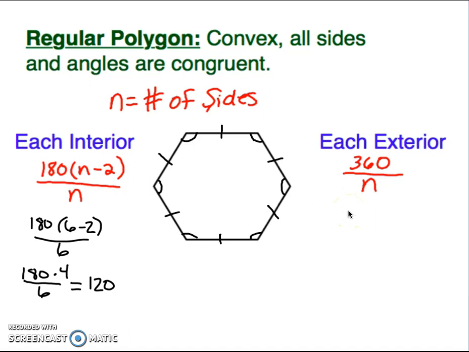So we can take 360 and divide it by 6, since we had 6 sides, and that equals 60. So we know that all of our exterior angles are 60 degrees.